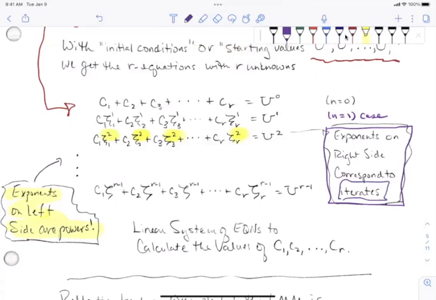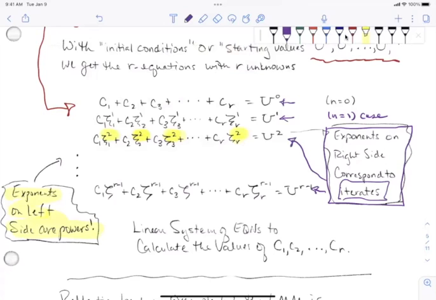So this is my starting value at t0 equal to 0. This is my starting value at time step t1, which is simply t0 plus k, and so forth. Okay, so on the right side, these are iterate values, and on the left side, they're standard powers.